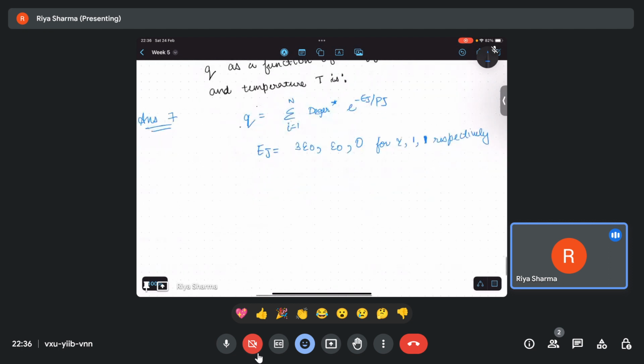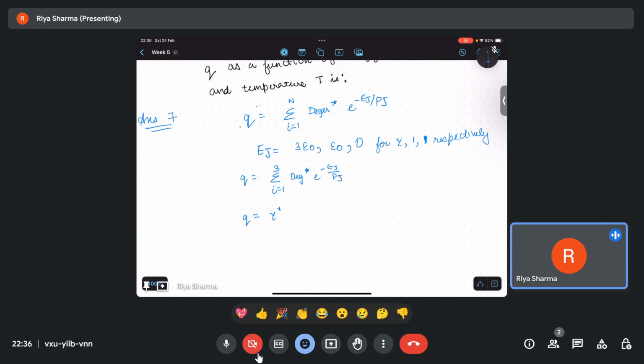So solving this, q will become sum over i equals 1 to 3 of degeneracy into e raised to the power minus Ej by kT.